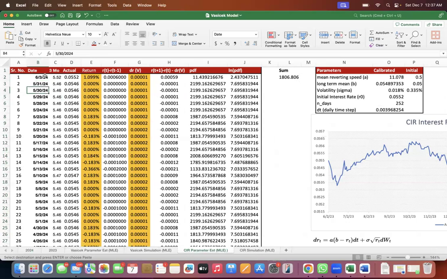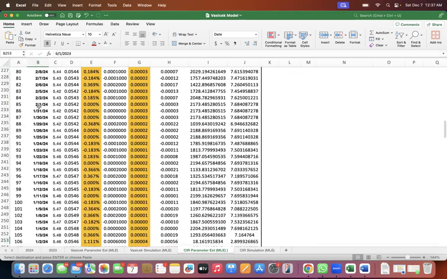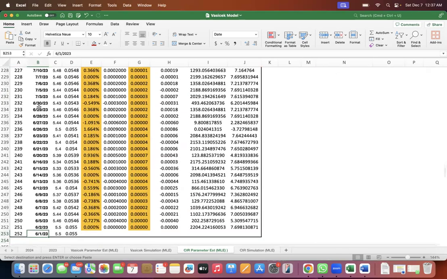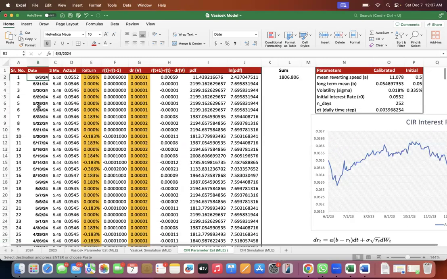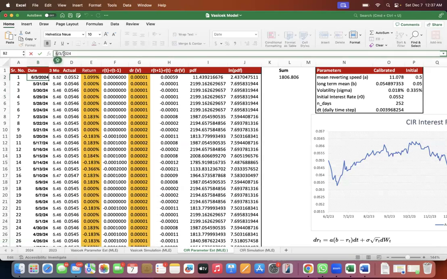The first thing is to get the data, as I've shown you, from the US Department of the Treasury website. I've taken into consideration the last 1 year of data. The dates are in the US format: first is the month, second the day, and 2024 is the year.